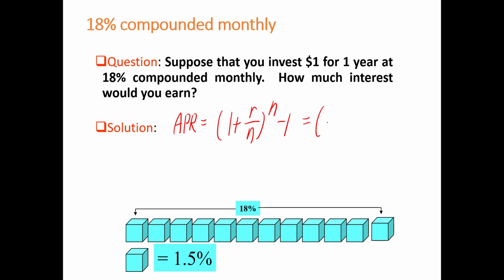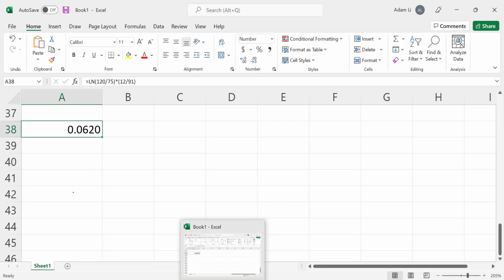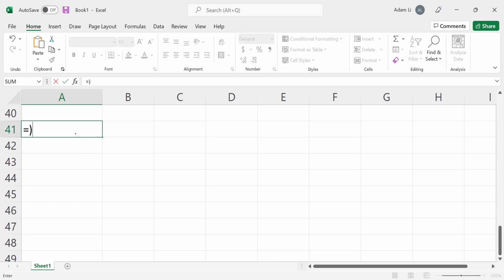So this is 1 plus 18% over 12, since the number of compounding periods is 12 and the nominal rate is 18%, raised to the 12th power minus 1. Let's put it into Excel: equal to 1 plus 18% over 12, raised to the 12th power, minus 1.